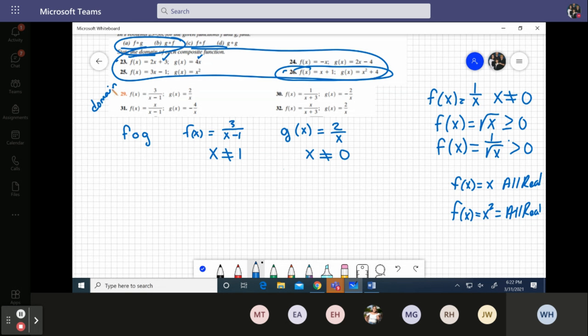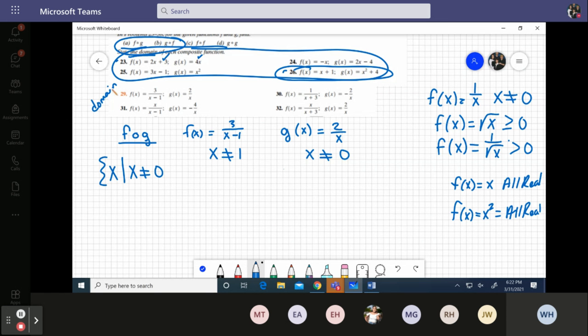All right, so for the composite function f of g, your answer is always going to start with the restriction on the inside, okay? So automatically, the g of x has a restriction of x cannot equal 0, and I'm putting that in my answer. Now I got to find out if there's a second one.